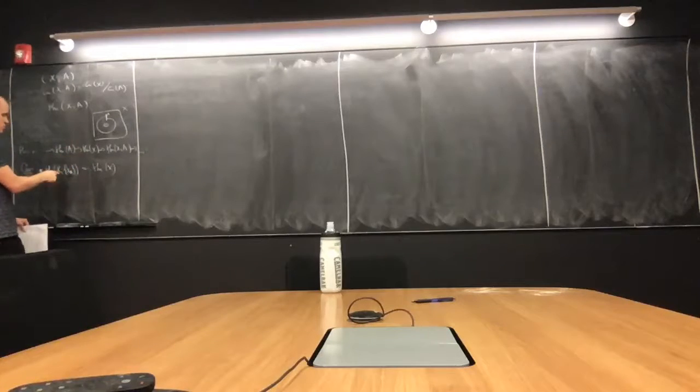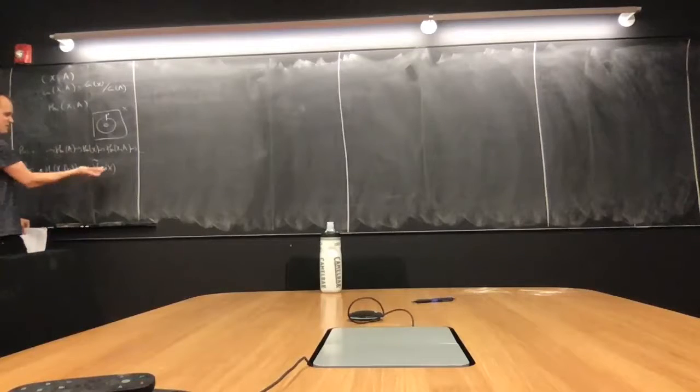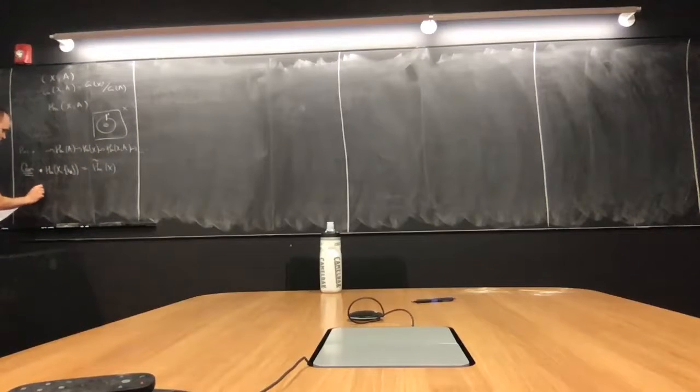You can just think of what H0 of X relative to a point is. It's all linear combinations of points up to this one point, x naught, which is literally taking off one copy of Z from Hn of X, which we've already defined before. That's reduced homology, right? So this is the answer.